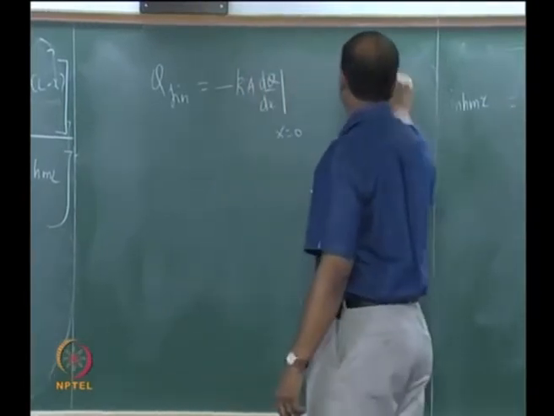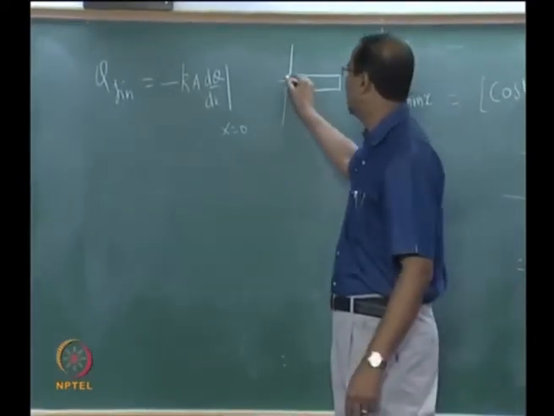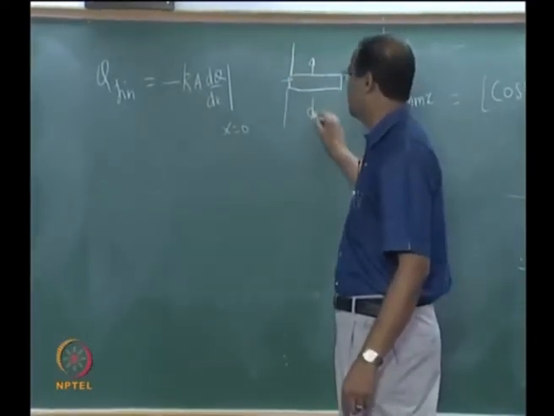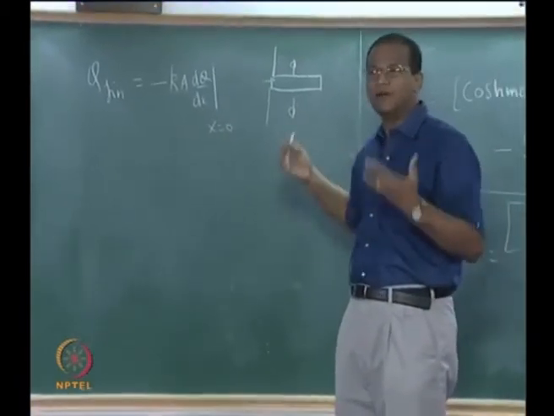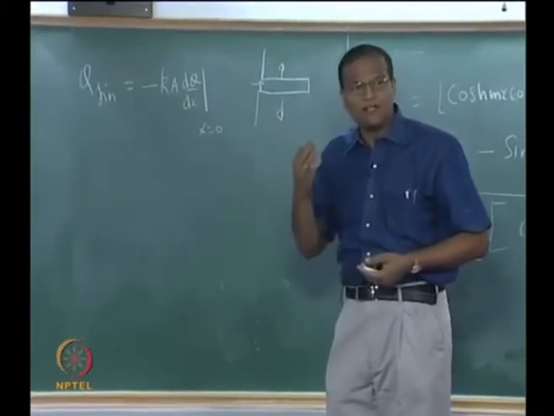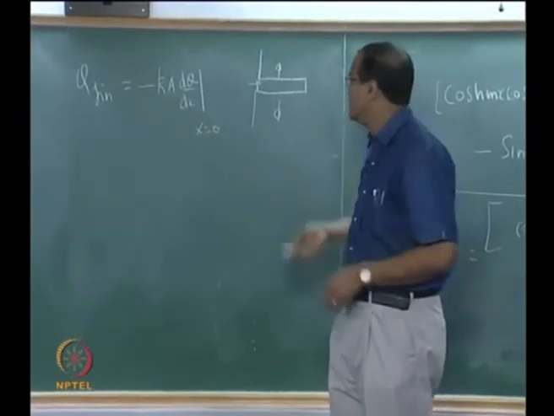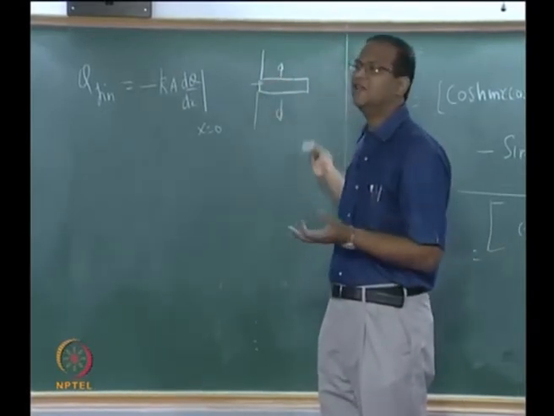Please remember, whatever heat is coming from the base is only convected out. This is what we wrote mathematically as d squared theta by dx squared minus m squared theta equal to 0. That is a formal mathematical statement of the energy balance. Therefore, if you find out the heat transfer entering the base, that is the heat which is convected out.